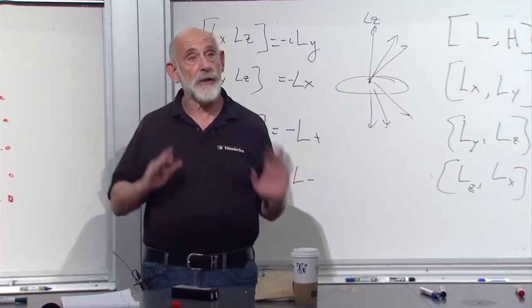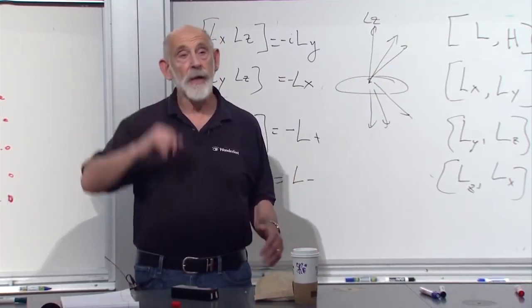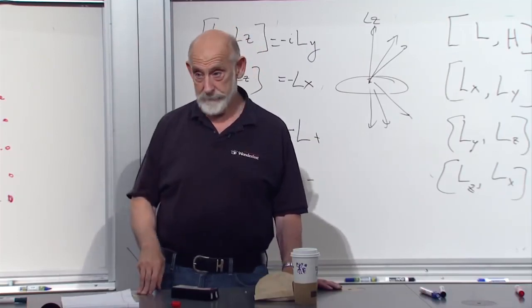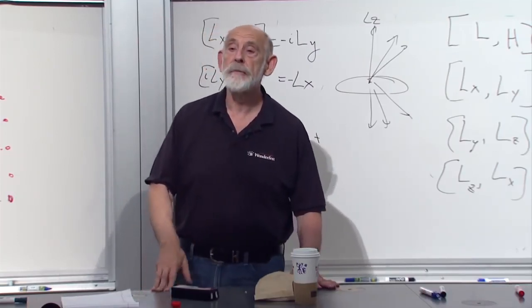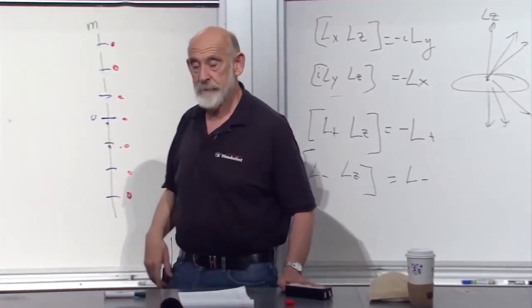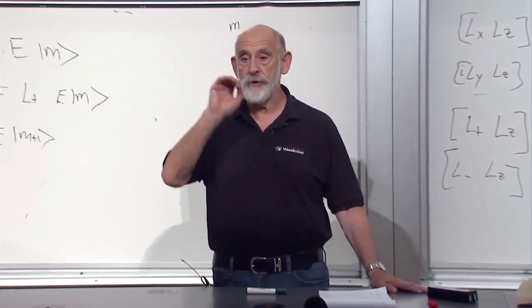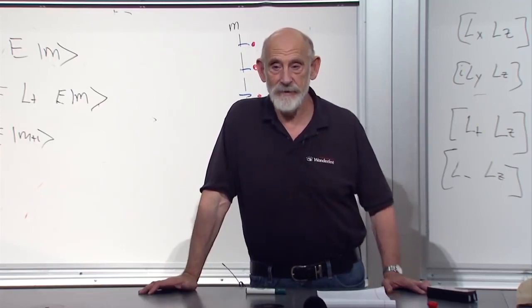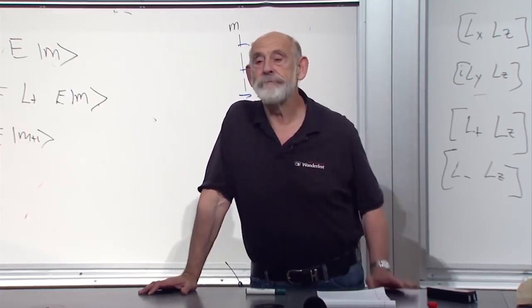By definition, that's the definition of the top level. There may not be a top. You may just go up and up and up. What's the definition, please? How do you define that you reach the top? You know you reach it when L plus gives 0, and L minus gives 0 at the bottom? Right.